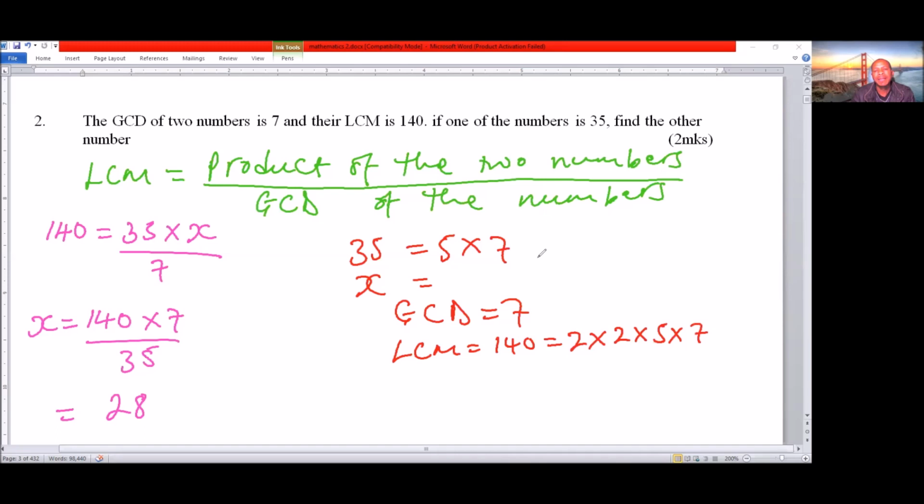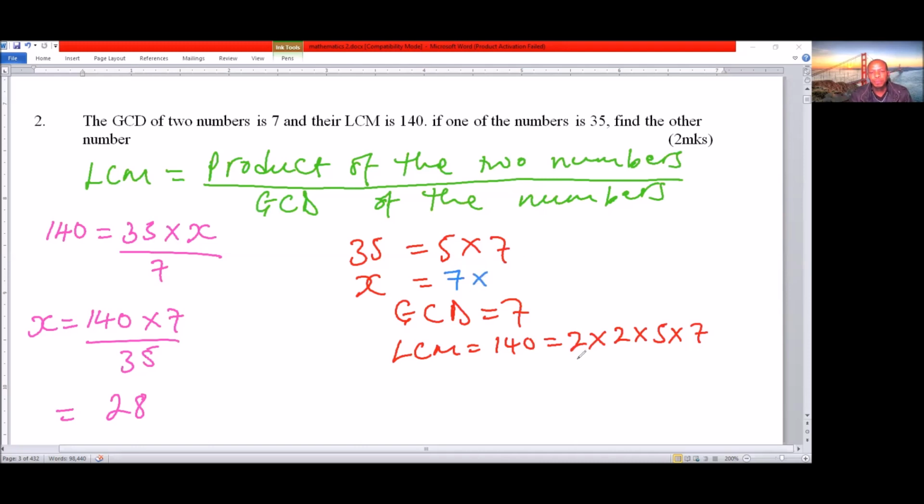So we can argue like, since we have been given the GCD, it means this number must have 7, so that the GCD is 7.